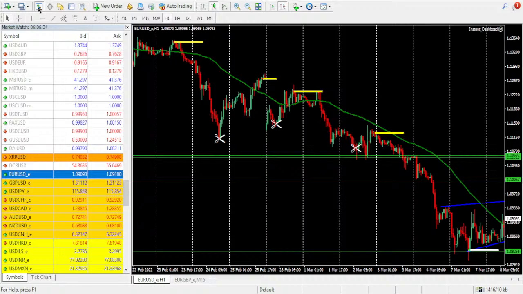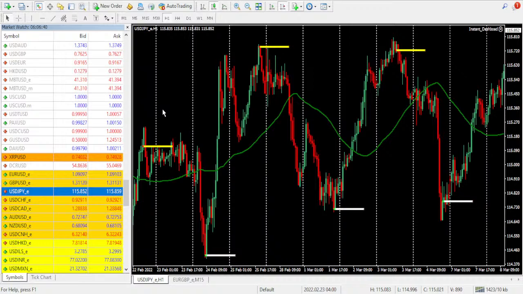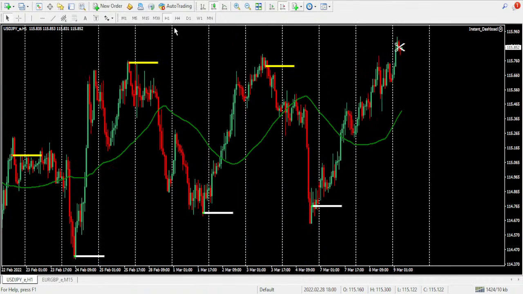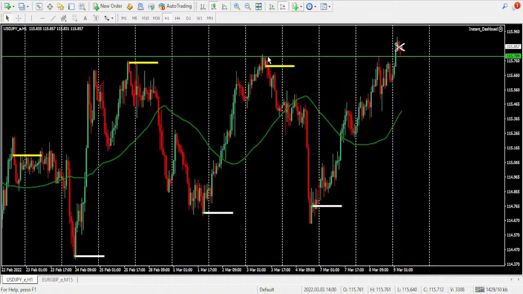My next symbol is the US dollar, Japanese yen. So with the US dollar, Japanese yen, if you check the monthly chart, we do expect sellers to take full control. But if you check the 1 hour chart, then the price should be continuing to the upside. So we have a resistance here, we have a resistance there, we have a resistance there.